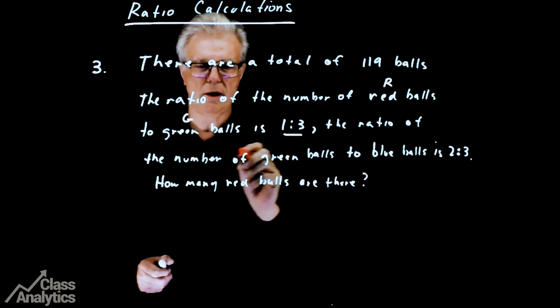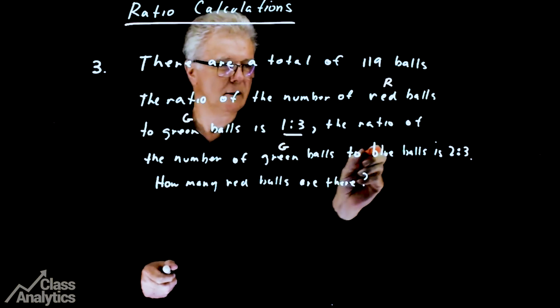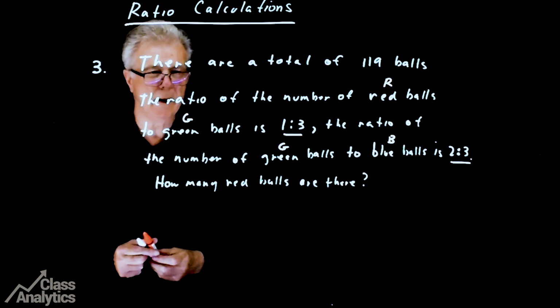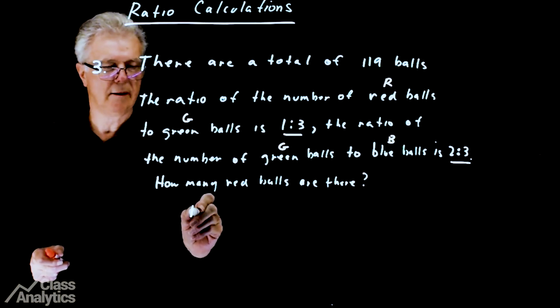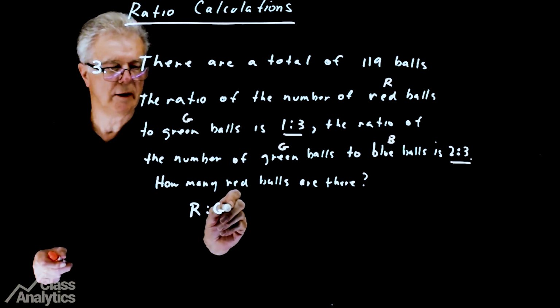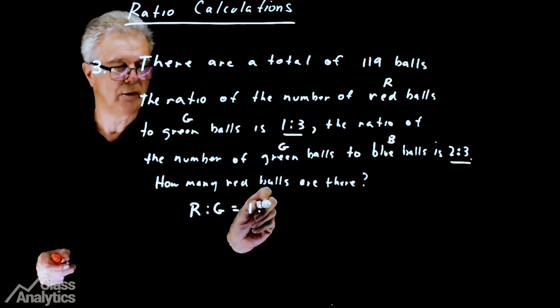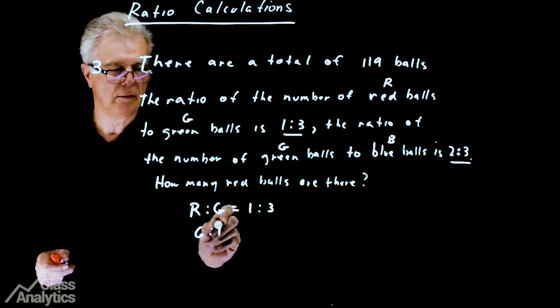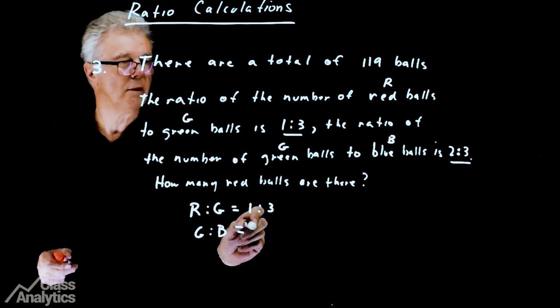And the ratio of the number of green to blue is this ratio. So to set those up, we're going to say red to green equals 1 to 3. And then we're going to say green to blue is equal to 2 to 3.